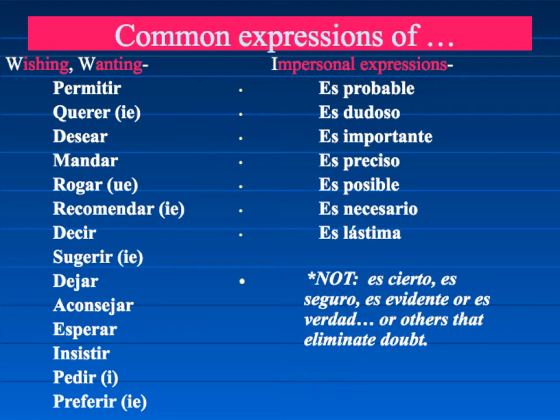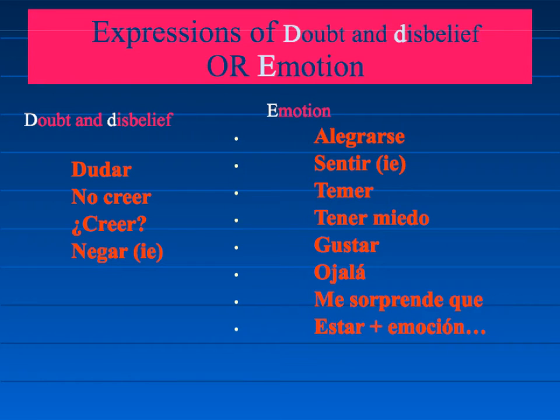If I am in the realm of wishing or wanting or permitting or hoping, or expressing an opinion about what someone's doing, if I am again expressing doubt, dudar, disbelief, no creer, do you believe it? Creer. Or denial, negar, to deny, about what someone's doing.